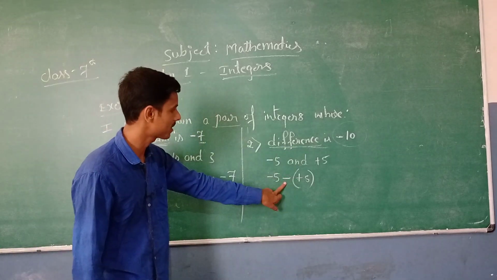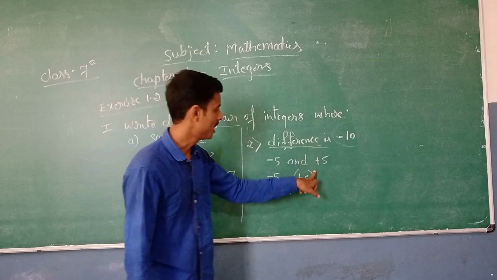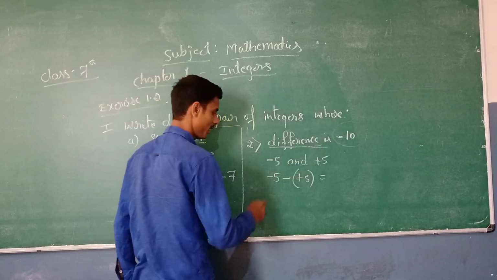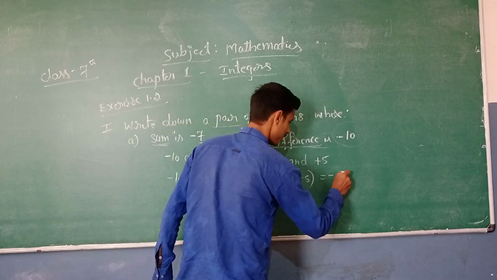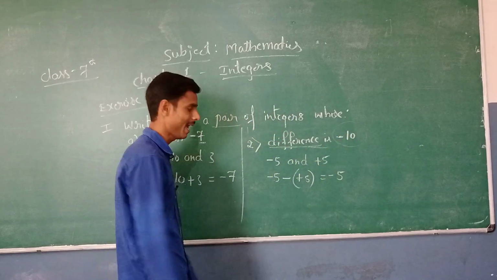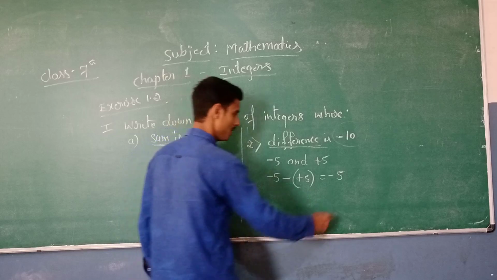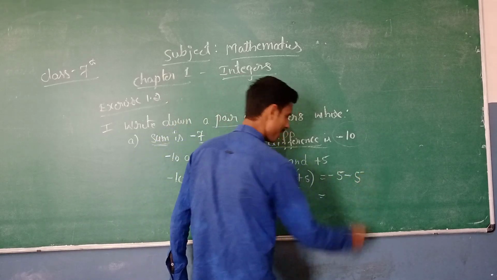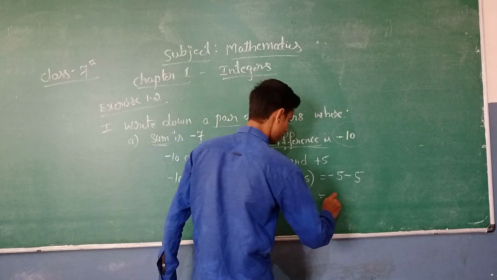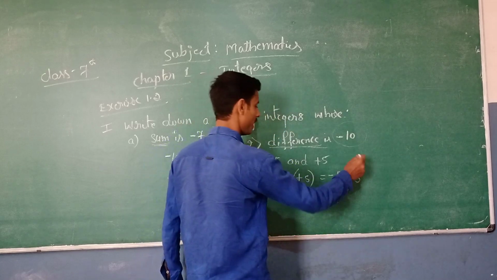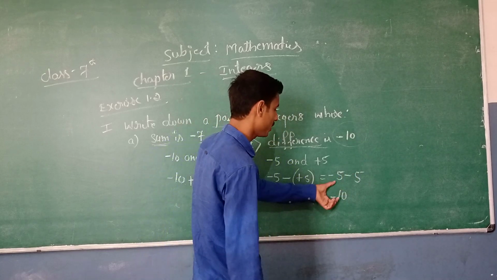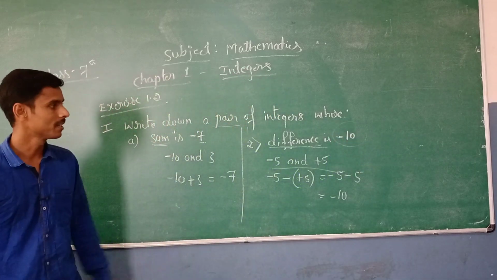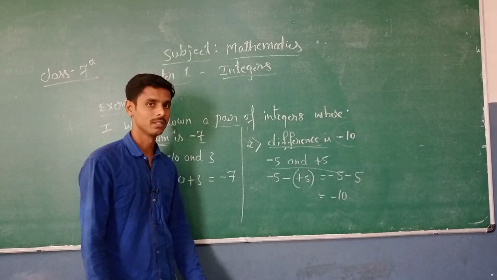Difference means minus of plus 5. Minus 5, minus of plus 5. We can simplify this one. You know how to remove the bracket. Minus into plus is minus 5. So both have the same sign, that is minus. So we will put minus 5 minus 5 is minus 10. This is how we can find a pair of integers whose difference is minus 10.